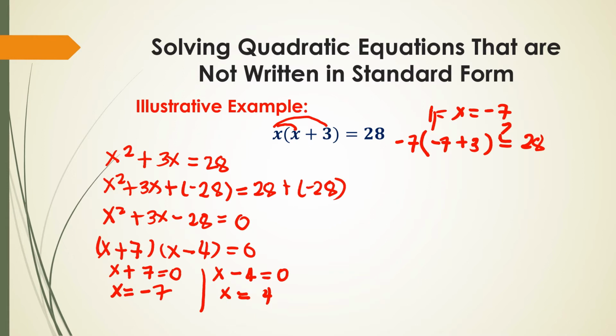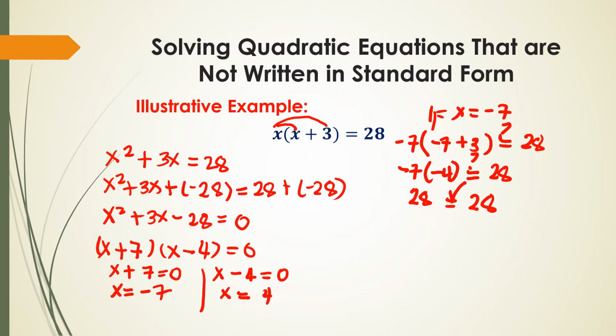So, sa loob na tayo ng parenthesis. Negative 7 plus 3, that is equal to negative 4. So, negative 7 times negative 4, is it equal to 28? Negative 7 times negative 4, that is equal to 28. So, 28 is equal to 28.